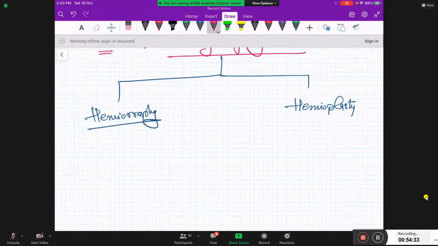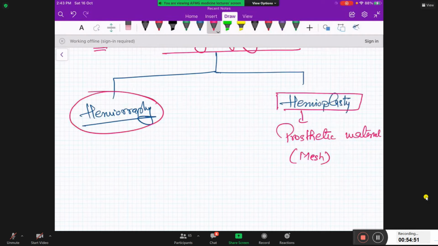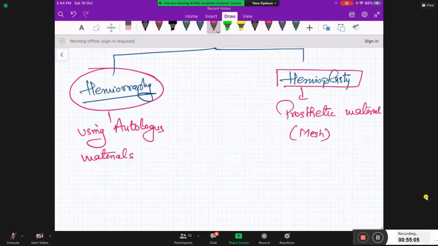In a hernioplasty, we use prosthetic material. That is mesh. In herniorrhaphy, we will strengthen the wall using autologous materials.